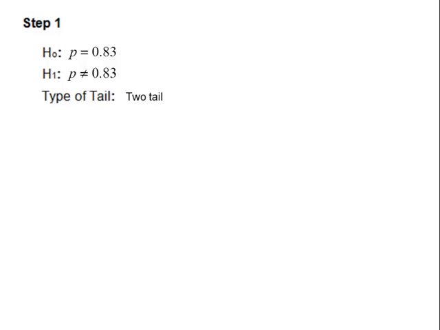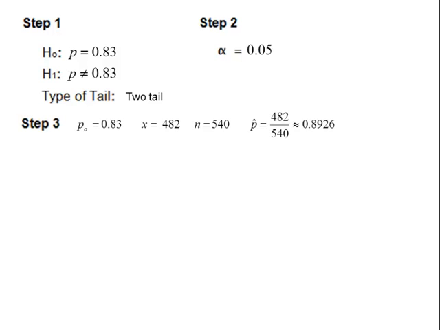So using our outline, step number 1, the null is p equals 0.83. The alternative is p is not equal to 0.83, and this is a two-tailed test. Step 2, the alpha level is 0.05. Step 3, the test statistic, the null p is 0.83, x is 482, n is 540, and p hat is approximately 0.8926.